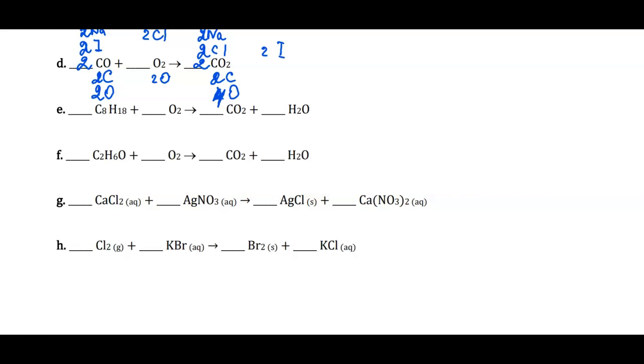Okay. The next one, C8H18 plus O2 gives CO2 plus H2O. So 8 carbon, 18 hydrogens, right? 2 oxygen, 1 carbon, 2 oxygen, and here is 2 hydrogen and 1 oxygen.